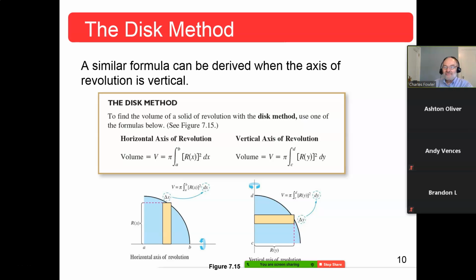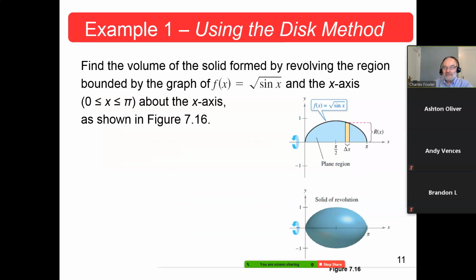So there's your formulas for the disk method. Here's example 1. To find the volume of a solid formed by revolving the region bounded by the graph of f of x equal to square root of sine x and the x-axis, x going from 0 to pi.